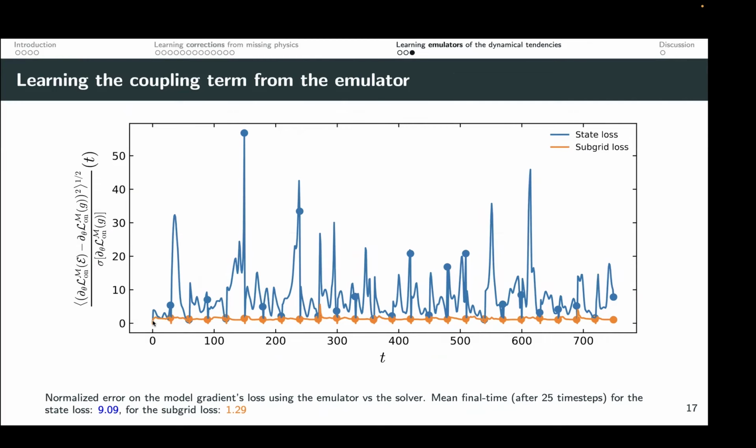When we are using the state loss, you can see that the error on the gradient is very large. So you can suspect that this is why you are training a subgrid model that's not very good. But if you look at the subgrid loss, the error on the gradient of the subgrid loss is much smaller. So we don't really know what's happening here.